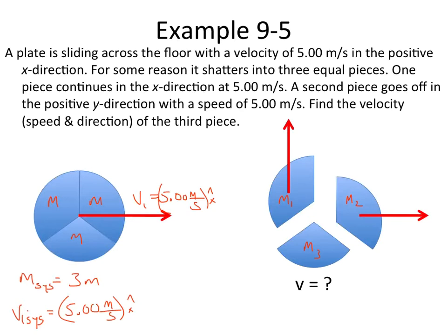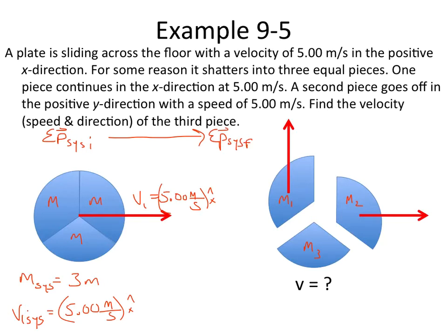One thing we need to keep in mind is that momentum is going to be conserved. We have to assume that the net momentum of the system initial has to be equal to the net momentum of the system final.